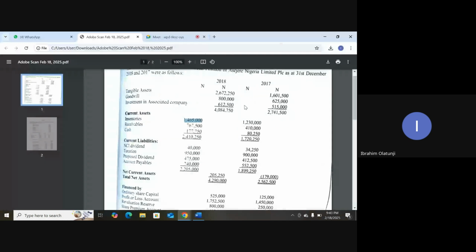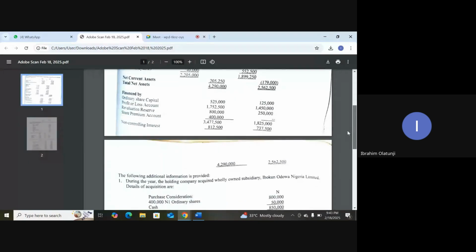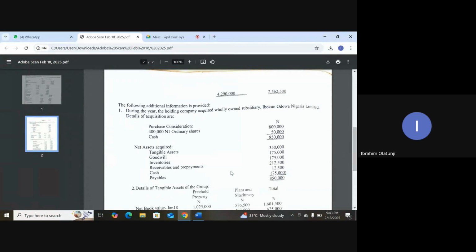767,500. Then we can now check whether we have information for it under this acquisition of that subsidiary. You can see receivable and prepayment. How much is that? 212,500.